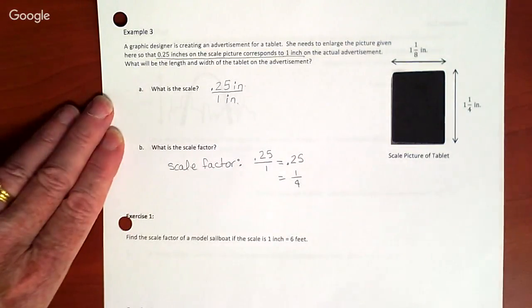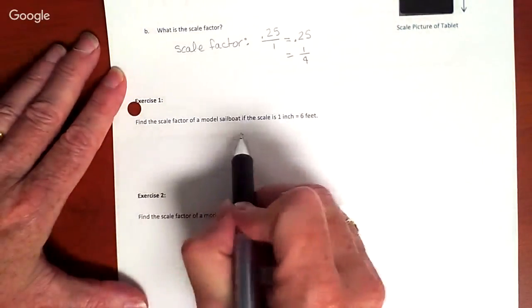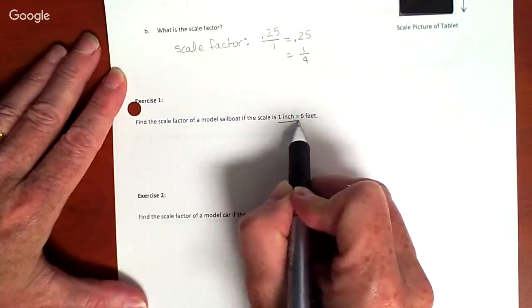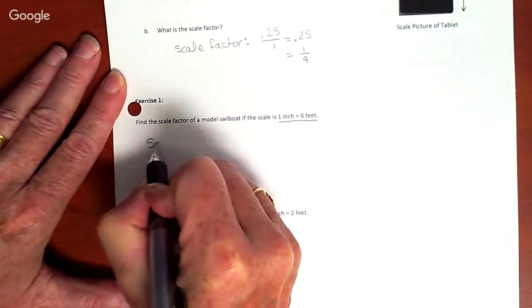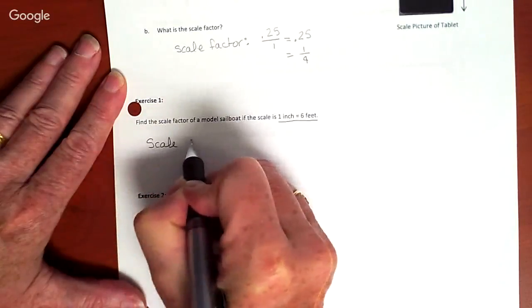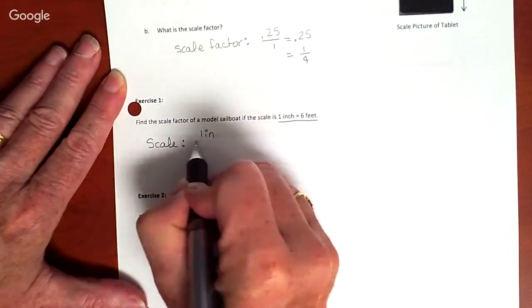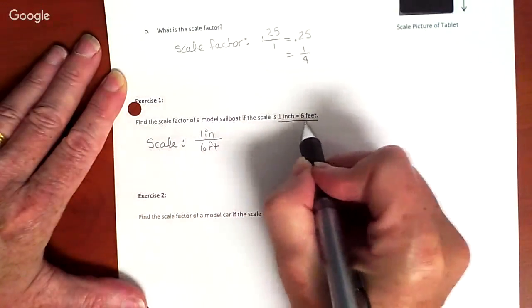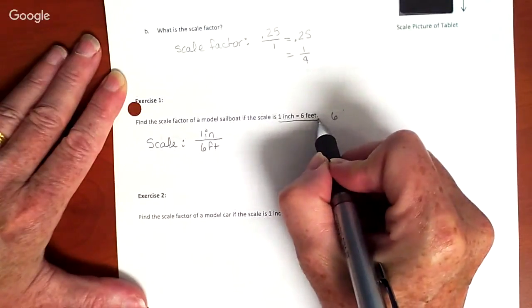Okay. Our next question says, find the scale factor of a model sailboat if the scale is 1 inch to 6 feet. So our scale is 1 inch to 6 feet. So we have to change that 6 feet to inches.